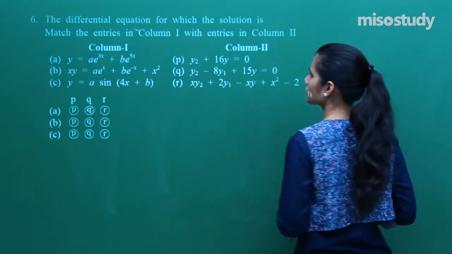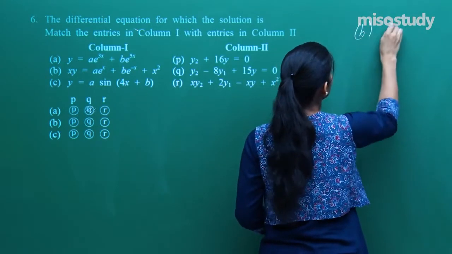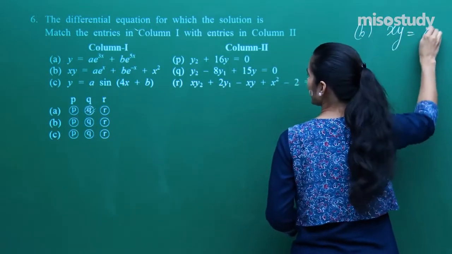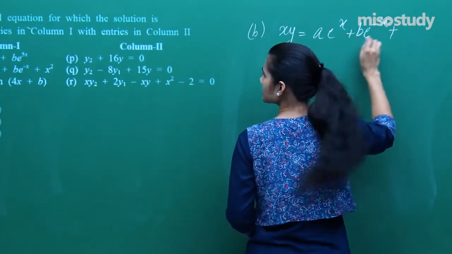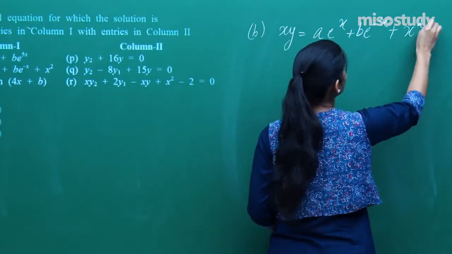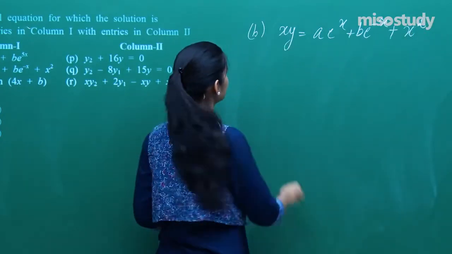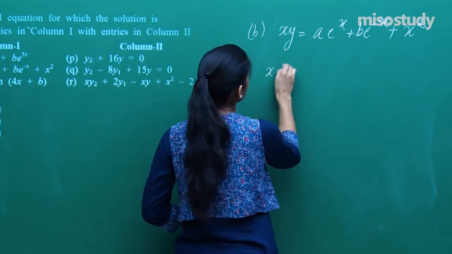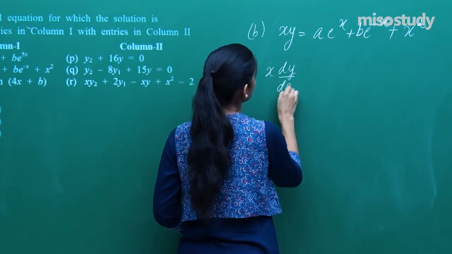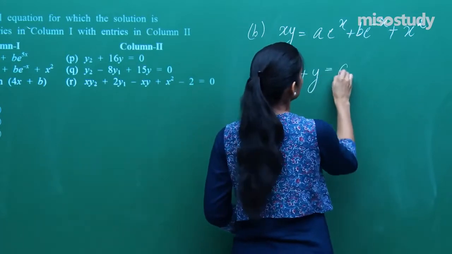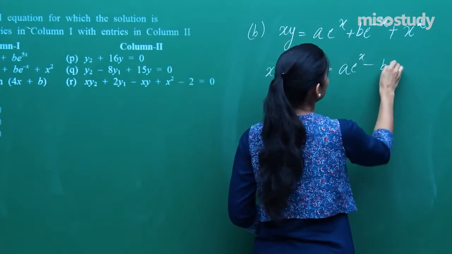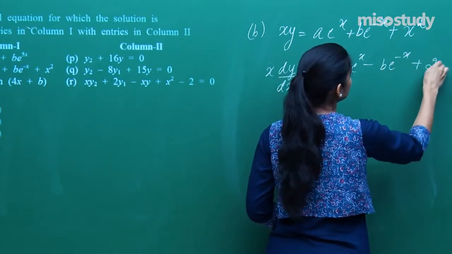So I have xy equals a e to the power x plus b e to the power minus x plus x square. Okay. So here if you differentiate, you get first into differentiation of second plus second into d by dx of x, which is 1 only. From here you get a e to the power x minus b e to the power minus x plus 2x.